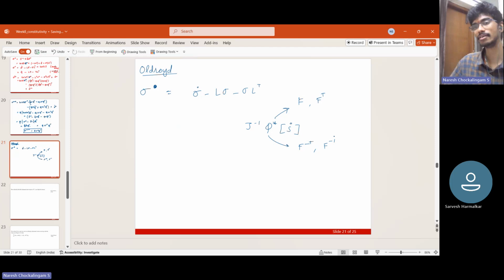So F inverse pulls it back and F inverse transpose pushes it forward. Or rather, it's actually F inverse transpose and F transpose. Using this, we can arrive at another stress rate called the convective stress rate.